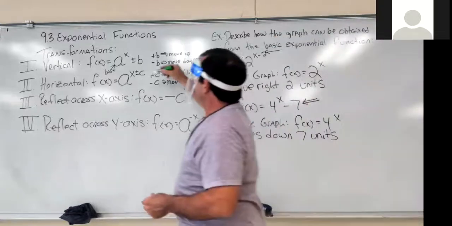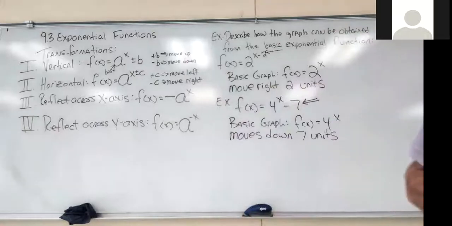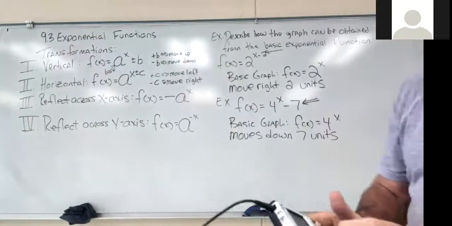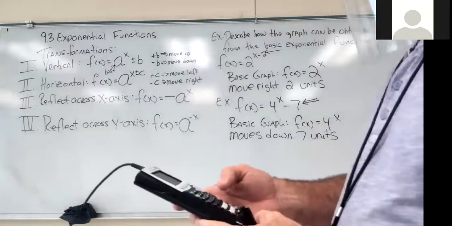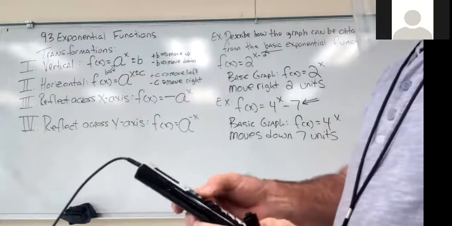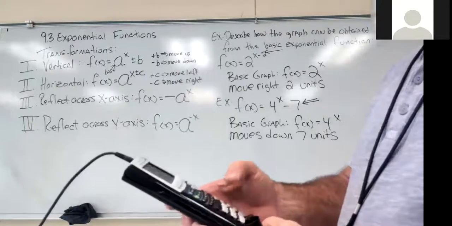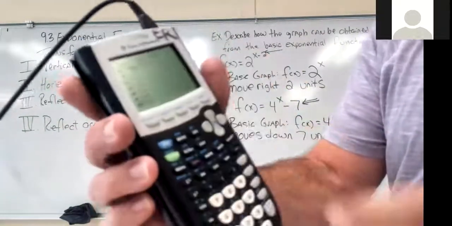So you just gotta see where they're putting numbers and which case is happening to us, and then put that in there. So graphing that one, you'd go to your y equals, and that'd be 4 to the x, and then minus 7. And I'm just gonna hit my graph.